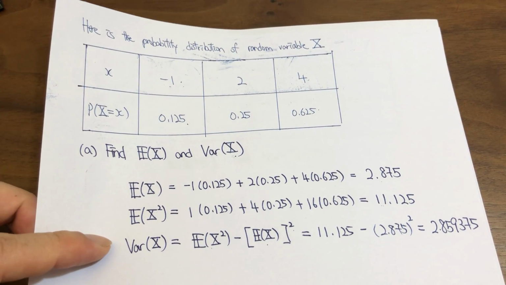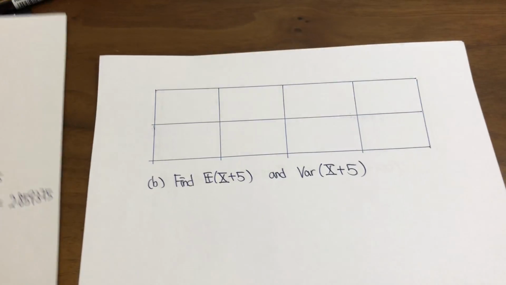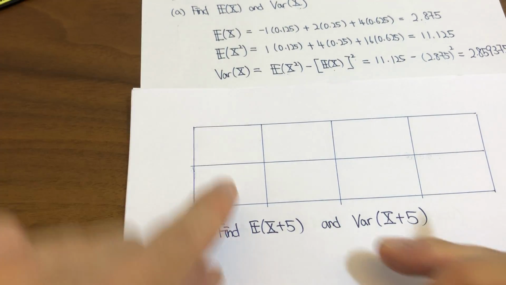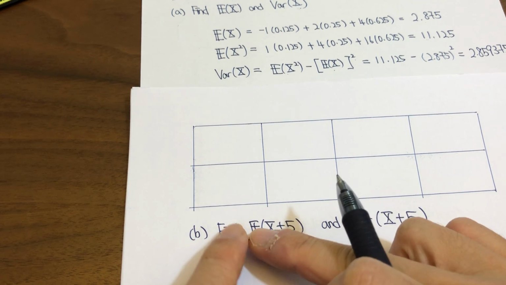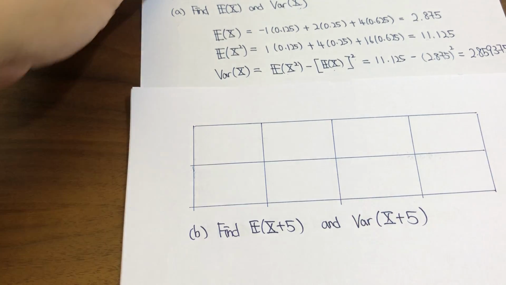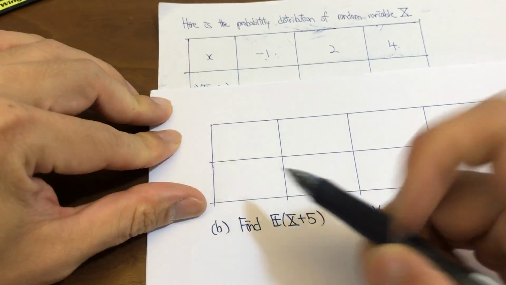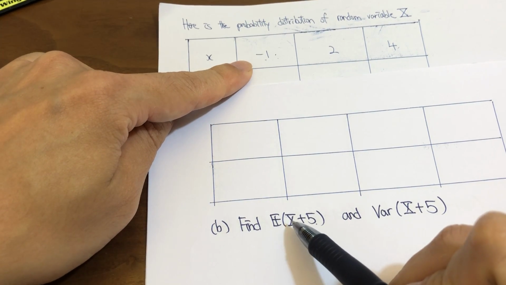Now, today we are going to do an experiment to look at the variation. What about the expected value of x plus 5? How to find the expected value of x plus 5? In order to find it, we have to find the values of x plus 5.